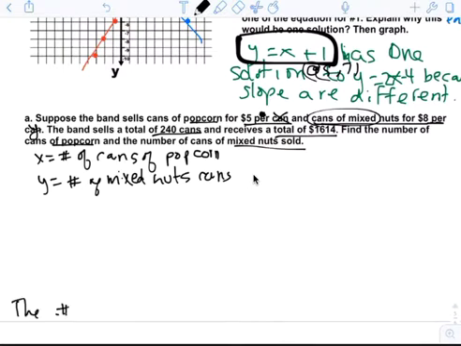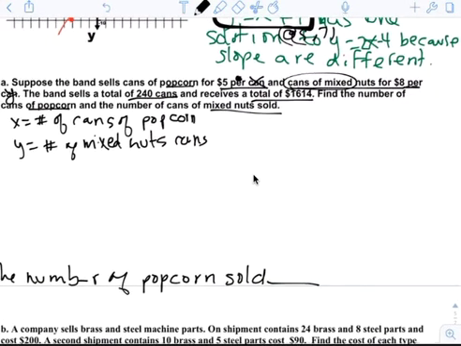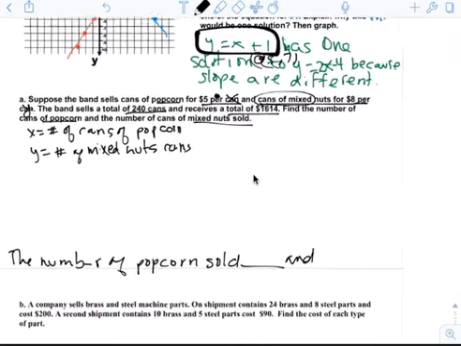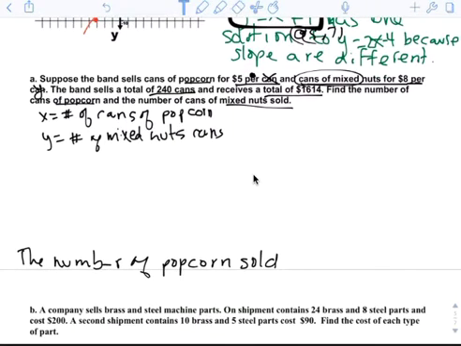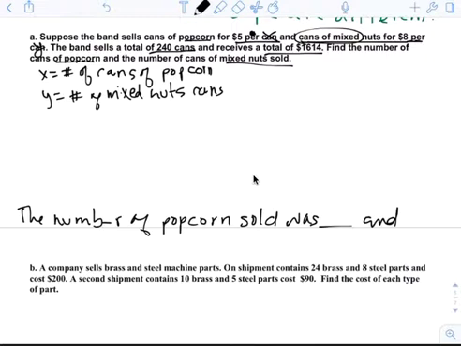The number of popcorn sold was, and mixed nuts was.